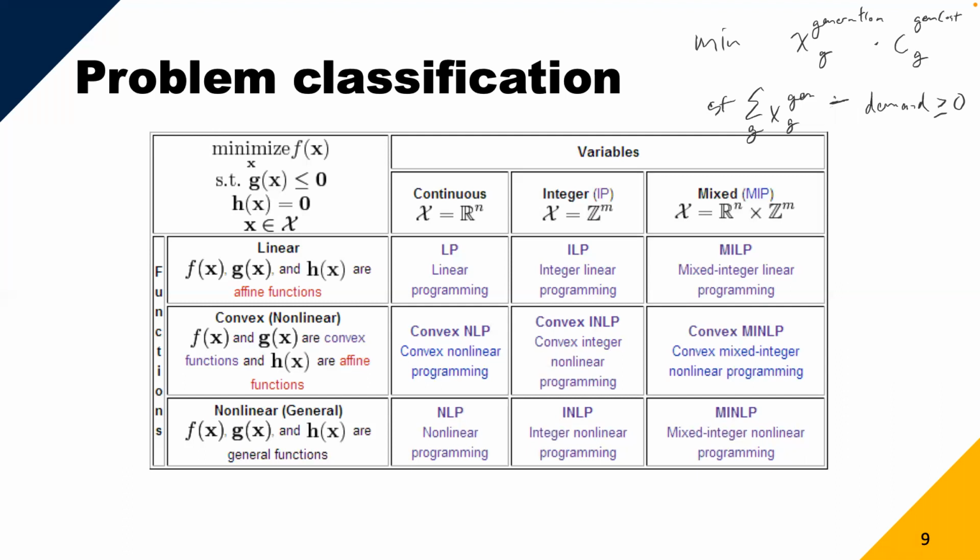When you get some raw data, is it pretty straightforward to determine what sort of programming you have to apply? Is it often very clear whether it's linear or convex or general? Well, the data shouldn't have anything to do with the formulation of the problem.